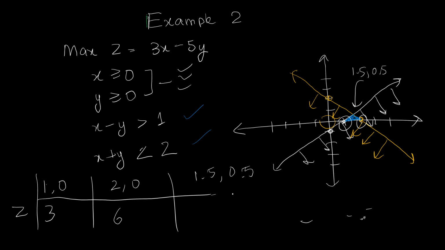And in the last one, 3 times 1.5, 4.5 minus 5 times 0.5 is 2.5, so it simplifies to 2. Based on these values, you can easily tell that the middle one is the max value, so 2 comma 0 is the max point. Similarly, if the question asks you to find the min value, you will obviously choose this point, 1.5 comma 0.5, as the min point.